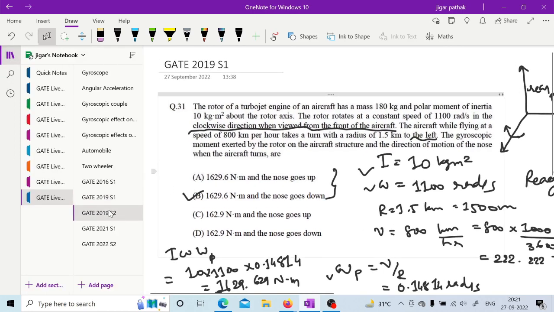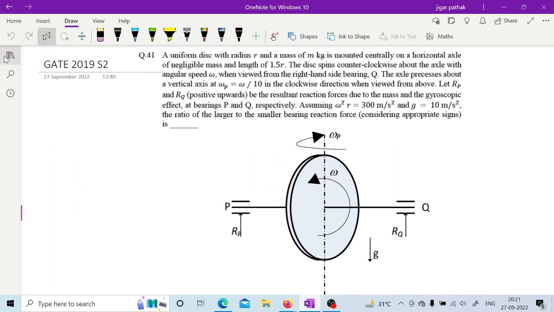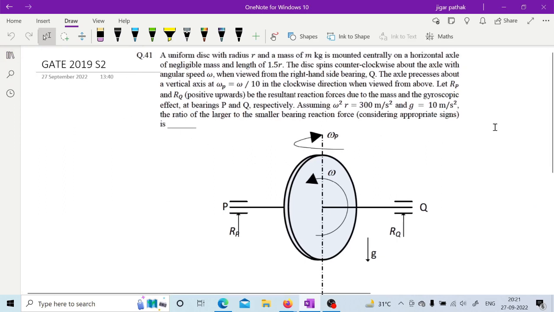So the next is this one. Here what is given is a uniform disc with radius r and a mass of m kg mounted centrally on a horizontal axle of negligible mass and length of 1.5 r. The disc spins counterclockwise about the axle with angular speed omega when viewed from the right hand side bearing Q. Now the axle precesses about the vertical axis at omega p equal to omega by 10 in the clockwise direction when viewed from above.